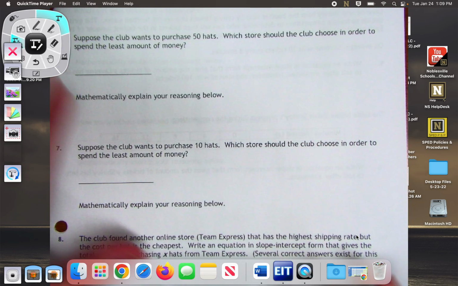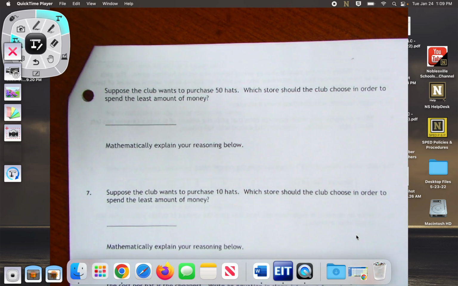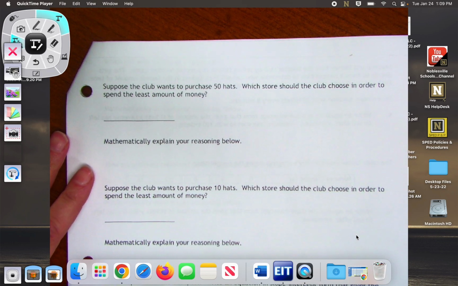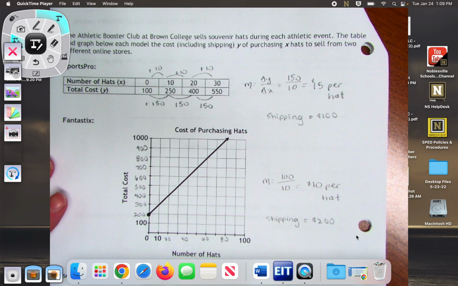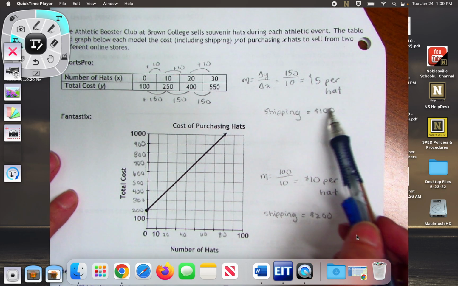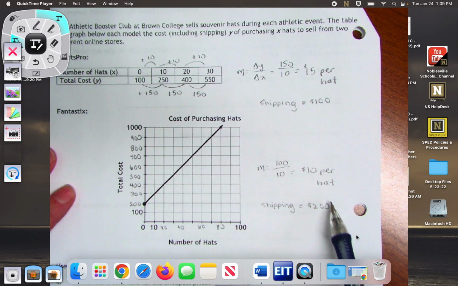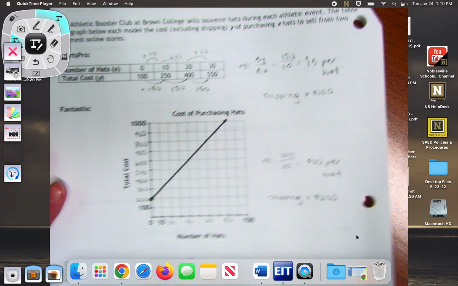Okay, suppose the club wants to purchase 50 hats. Which store should the club choose in order to spend the least amount of money? All right, so if I want to buy 50 hats, and I know that this is $15 per hat and $100 to ship, and this is $10 per hat and $200 to ship, well, I can create a couple of equations.